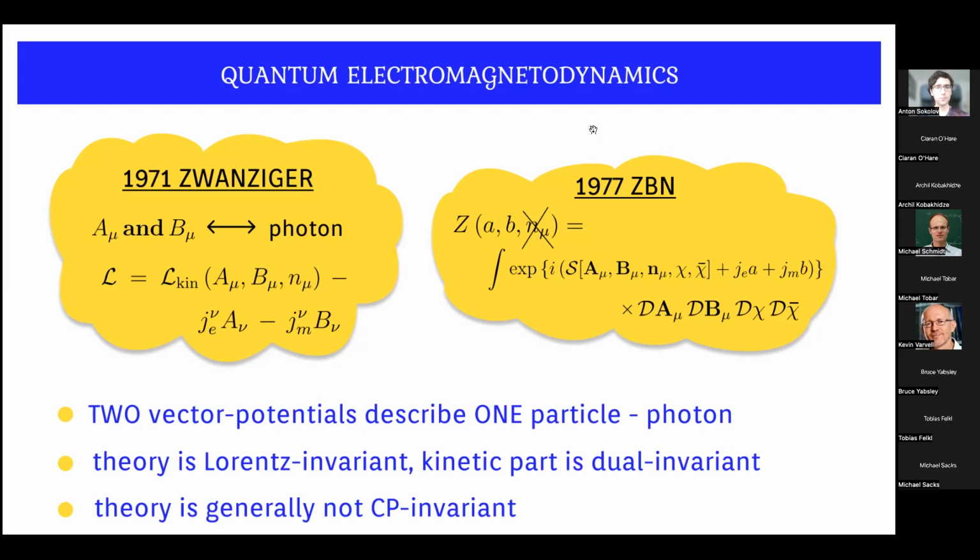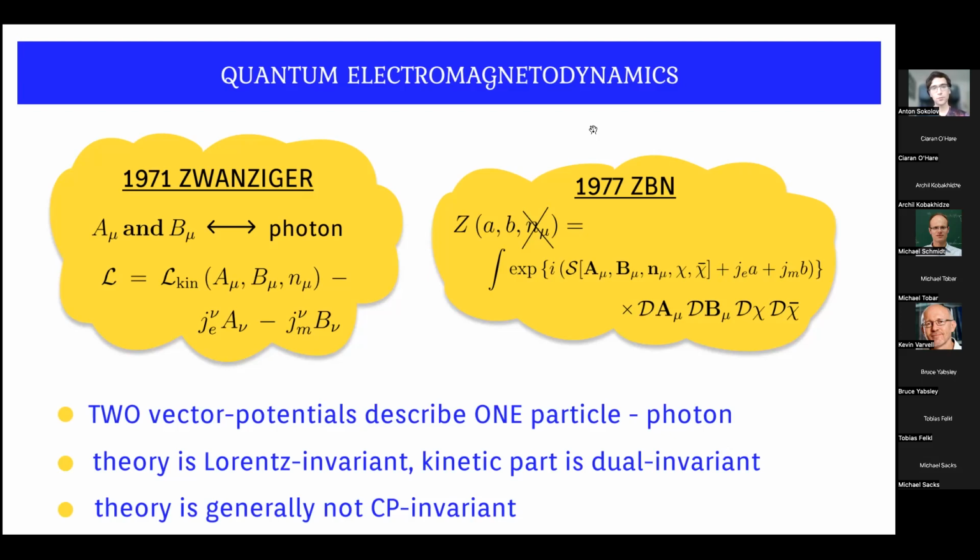What is important is that because of the peculiar form of the kinetic term, which I showed, we get two vector potentials but only one particle, which is a photon. We don't get two photons, and it is not a theory which involves some dark photon.